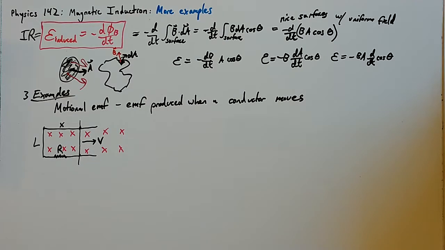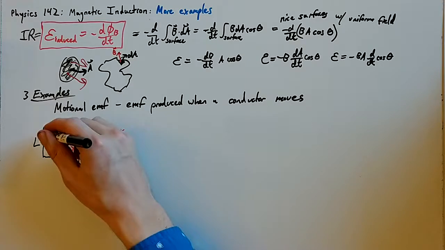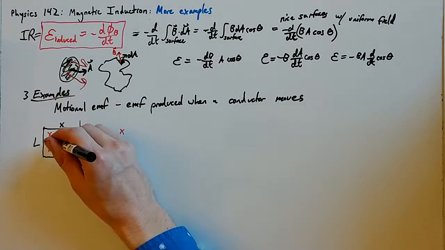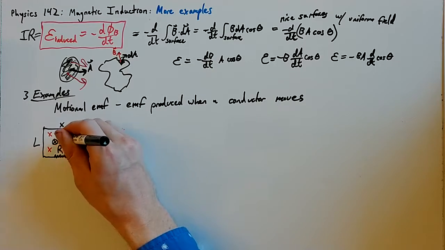So what you can see already is this is going to change the flux. And I should probably draw in that this is going to have some area. And so I'll choose my area vector to be into the page here.